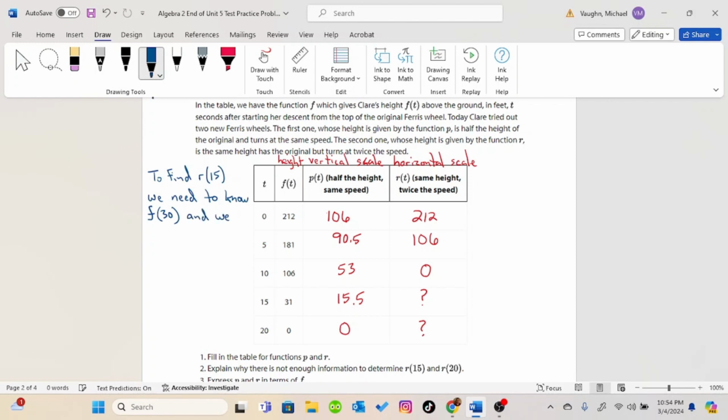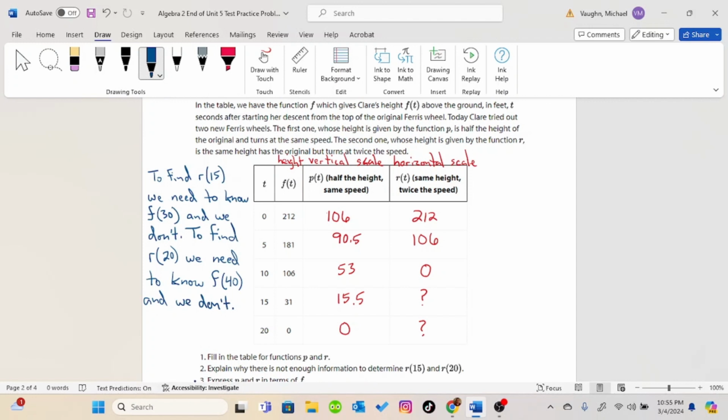And we don't. To find r of 20, we need to know f of 40. And we don't.